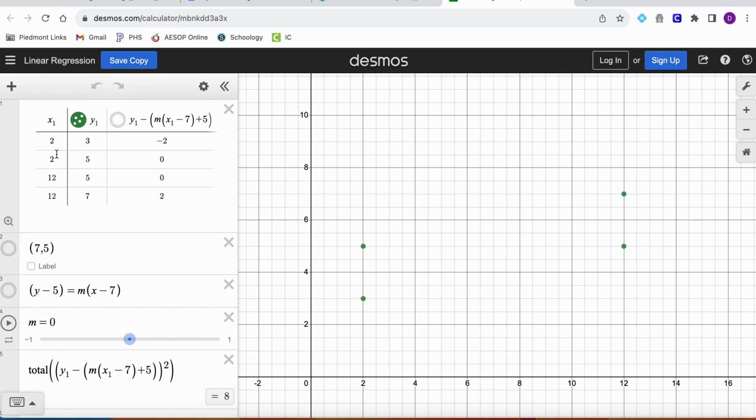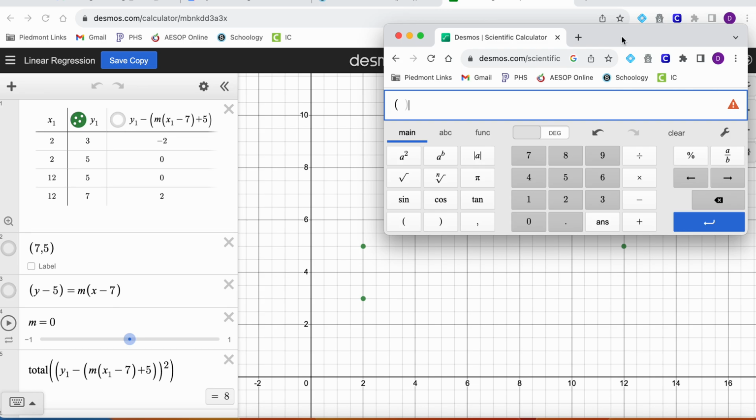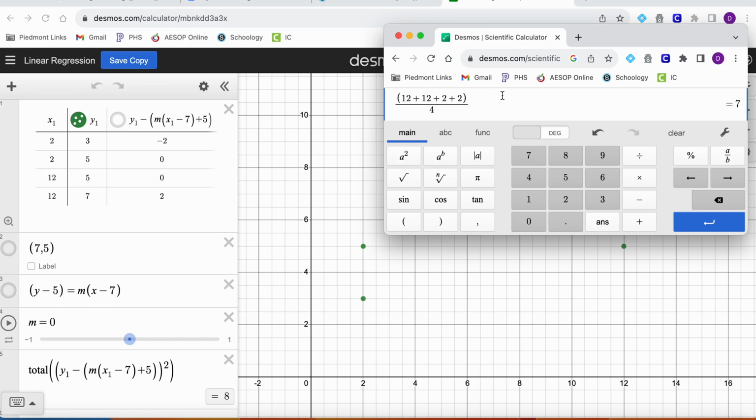So if I take the 2, the 2, the 12, and the 12, and I've got a little calculator here, I do 12 plus 12 plus 2 plus 2, and then divide that by 4, because I've got 4 numbers. You'll see that the answer is 7. So the x's average out to 7.